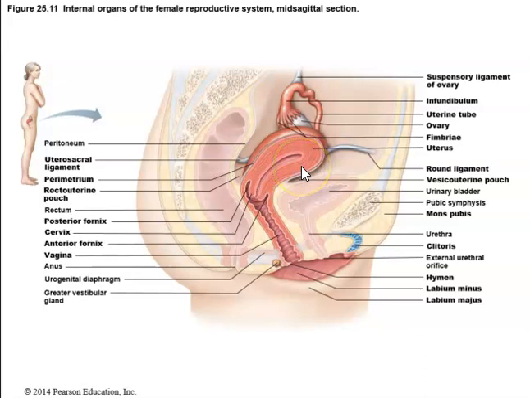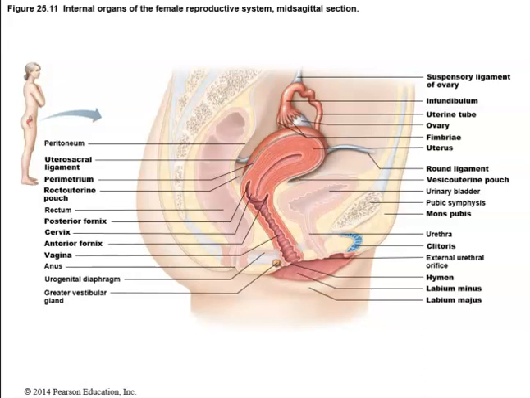So basically the layers of the uterus, we have the inner layer, we have the endometrium. This is the layer that is shed once a month during menstruation. Then we have that middle muscular layer, and that is the myometrium. And then we have the outer layer, which is the perimetrium.